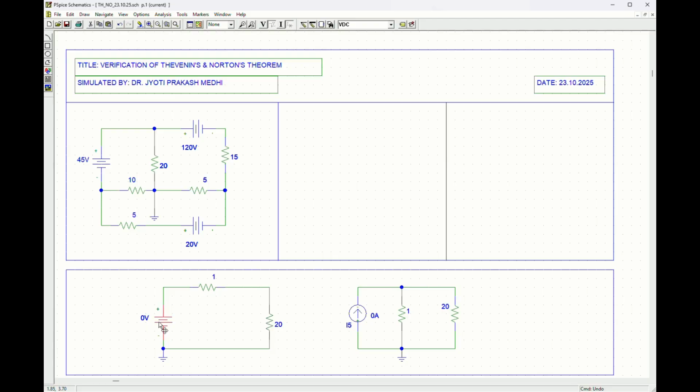Now what are this voltage source and this resistance? The voltage source is the open circuit voltage, which we can measure by removing the load and determining the open loop voltage across this terminal.